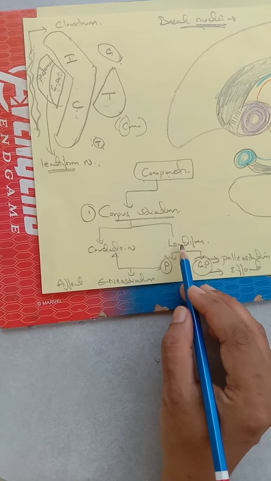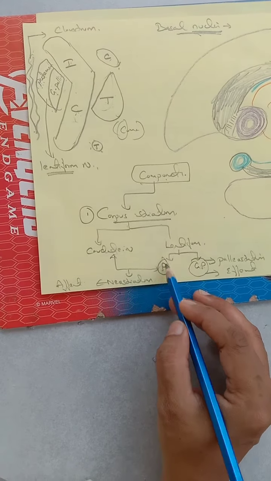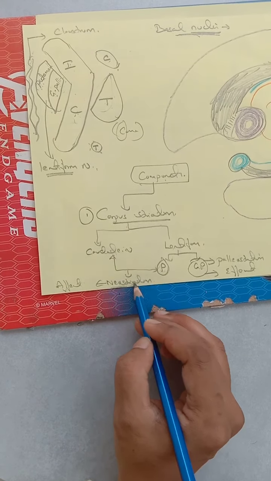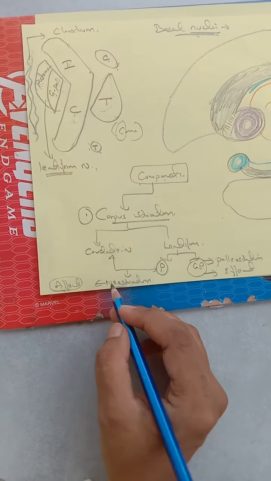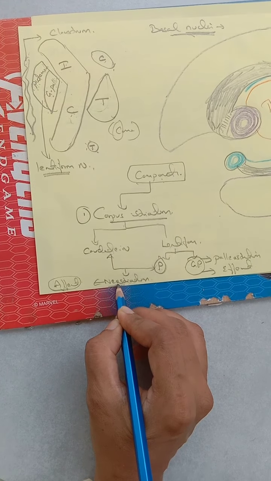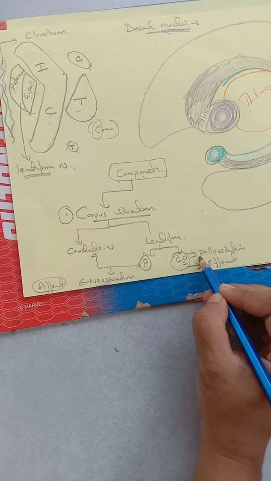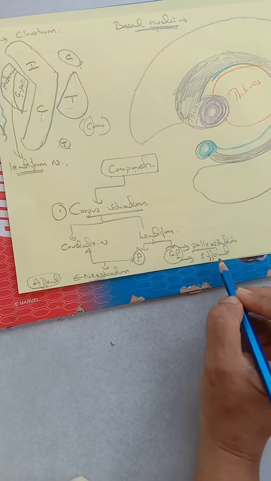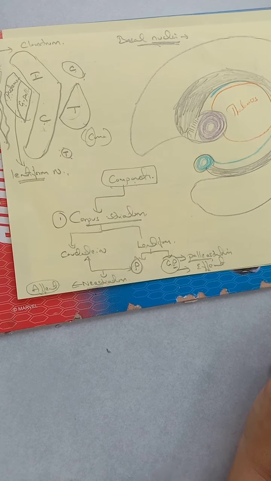Caudate nucleus with putamen, that is the lateral part of the lentiform nucleus, together we call neostriatum, which is the afferent, the receiving part of basal nuclei. Globus pallidus alone we call paleostriatum, you remember, which is the efferent, that is leaving from the basal nuclei.